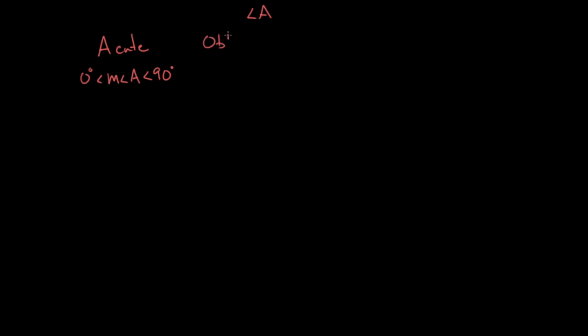And then we also have obtuse, which is probably one you've also heard of before. And this is when the measure of angle A is greater than 90 degrees but less than 180. And the third one you probably also have heard of is called a right angle. And this is a very specific measure.